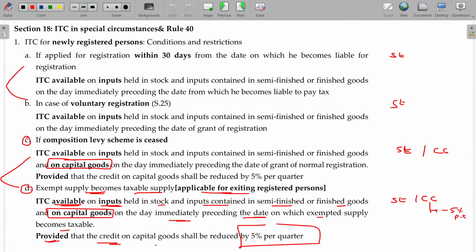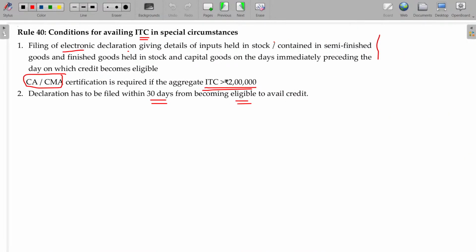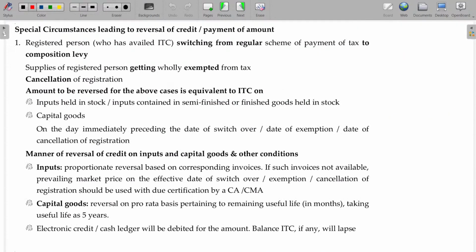This section 18 deals with availment of ITC in case of regular registration, conversion of composition to regular registration, or conversion of exempted supply to taxable supply. Similar happens in case of cancellation of your registration or your taxable supply becoming exempted supply. In that case, you studied under section 29. But while teaching you section 29, I told you I would interlink with the ITC here. So I gave this one also in this topic.